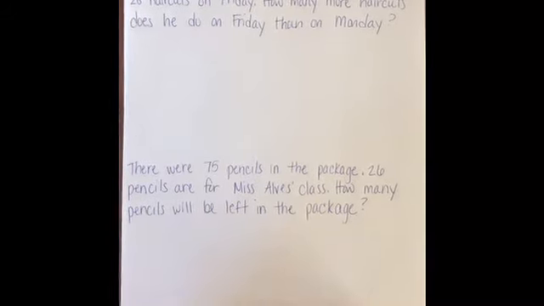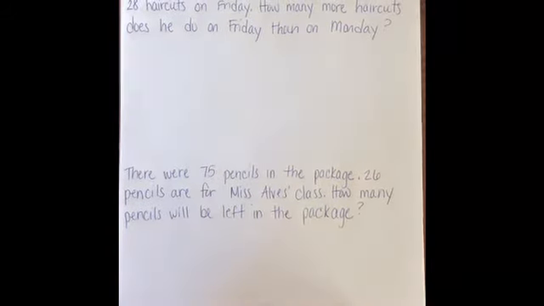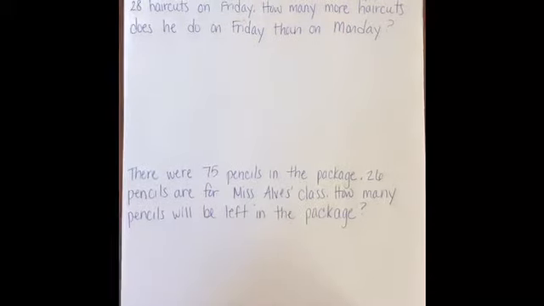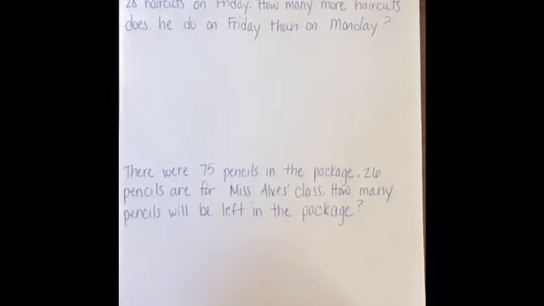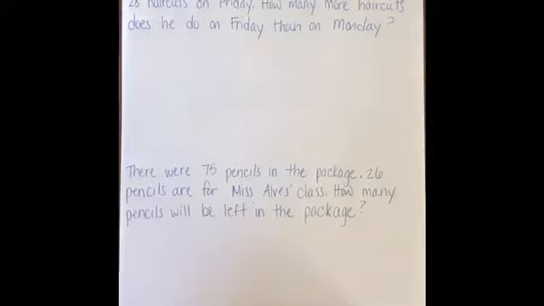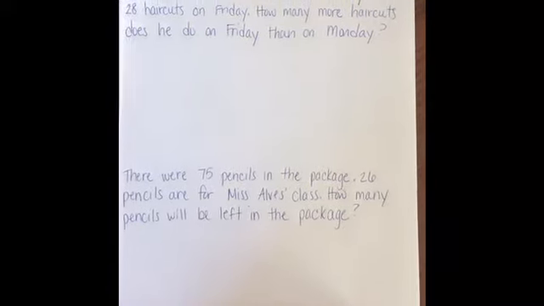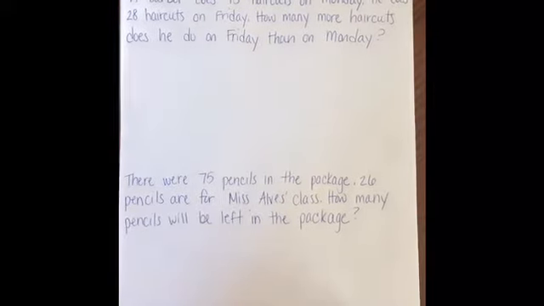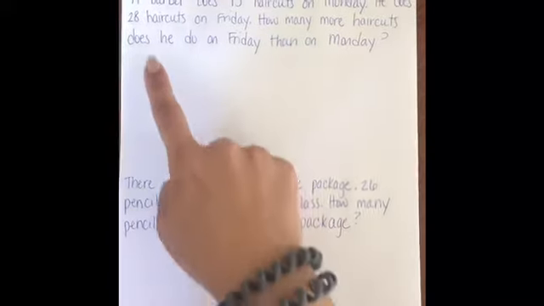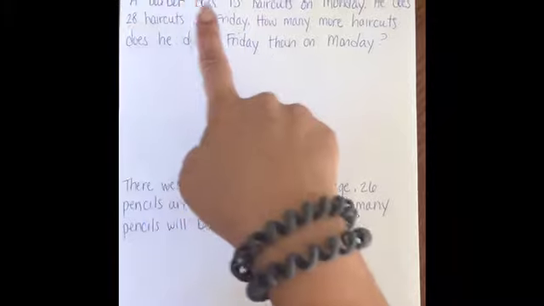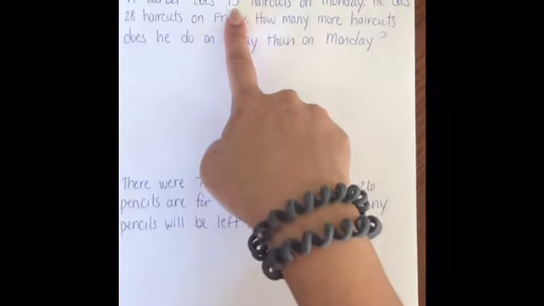It's a bigger number. And now let's read the question again. It says, how many more haircuts does he do on Friday than on Monday? So when I think about it, I have to think about that Friday he did more haircuts. He did 28 haircuts than on Monday when he did 15.